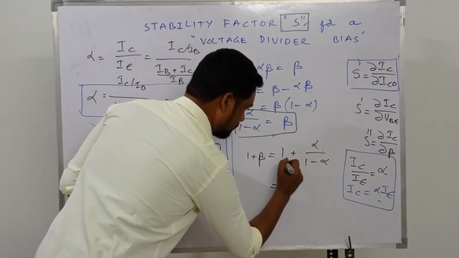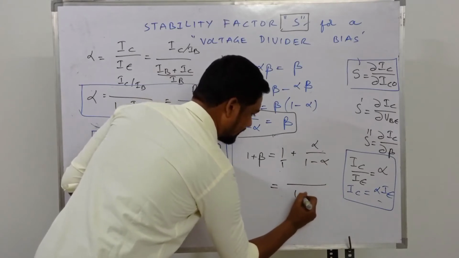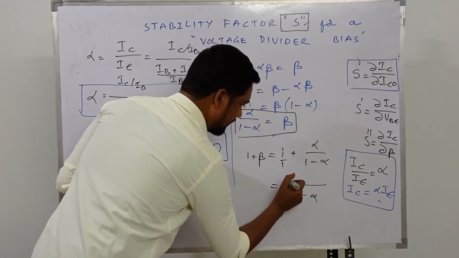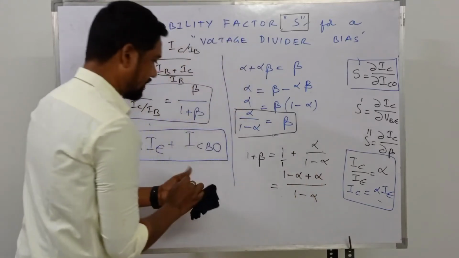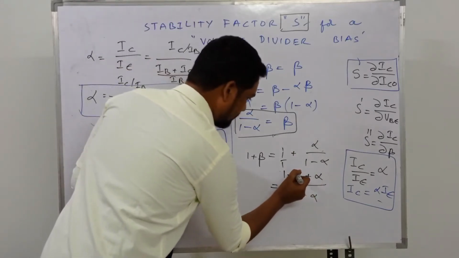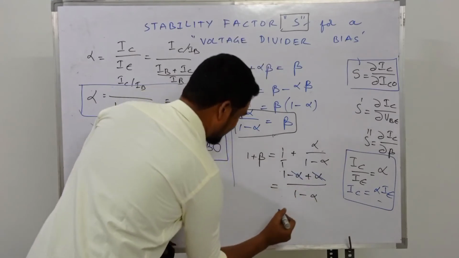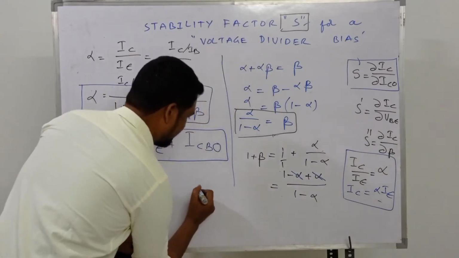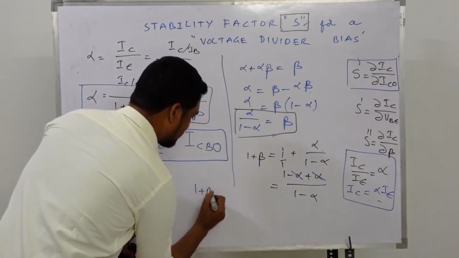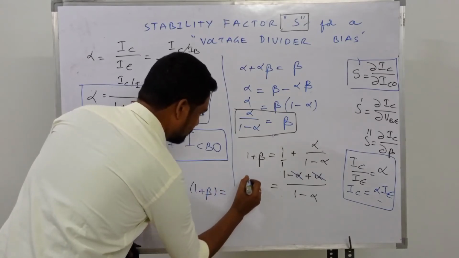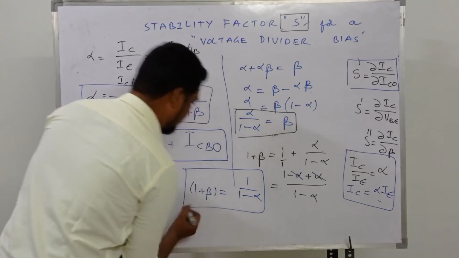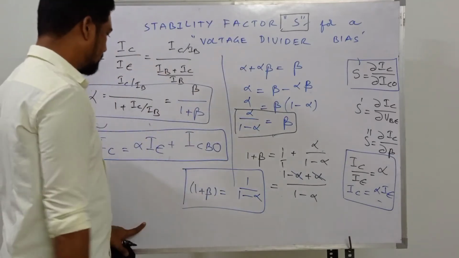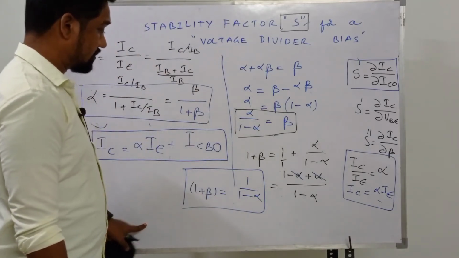No. Simplifying this, we have 1 minus alpha, and cross multiplying it's 1 minus alpha plus alpha. Negative alpha and positive alpha get cancelled, and what we have is 1 plus beta is equal to 1 by 1 minus alpha. We will be in need of plugging in this value also in the ongoing discussion. So we need this one.